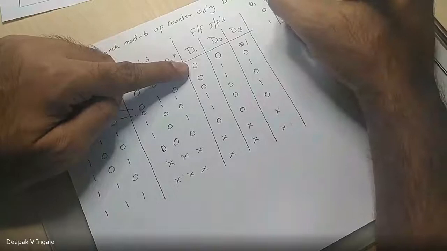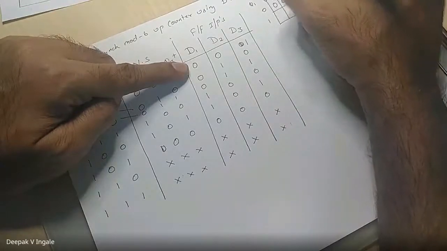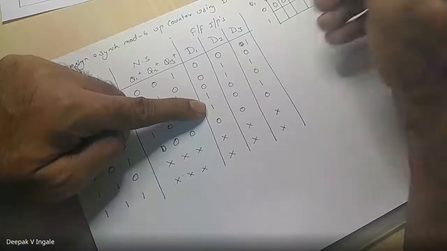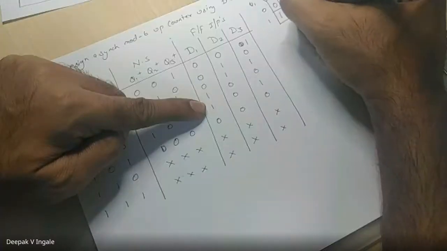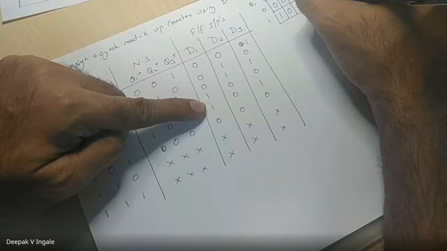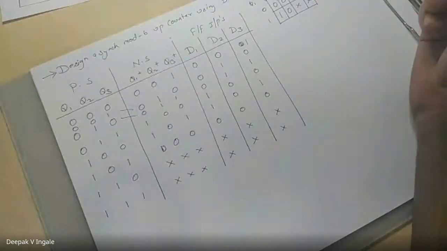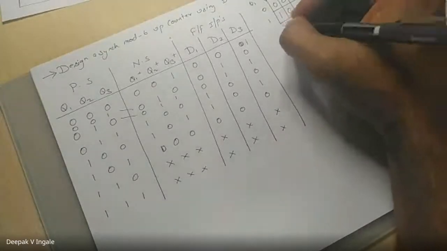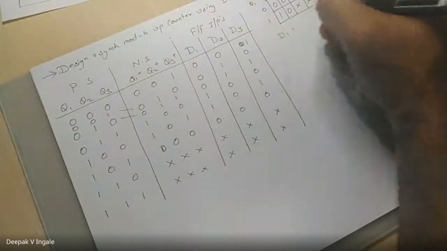So start filling in the values. 0, 0, 0, 1, right? 1, 0, x, x. 1, 0, x, x. Right? This is for D1.